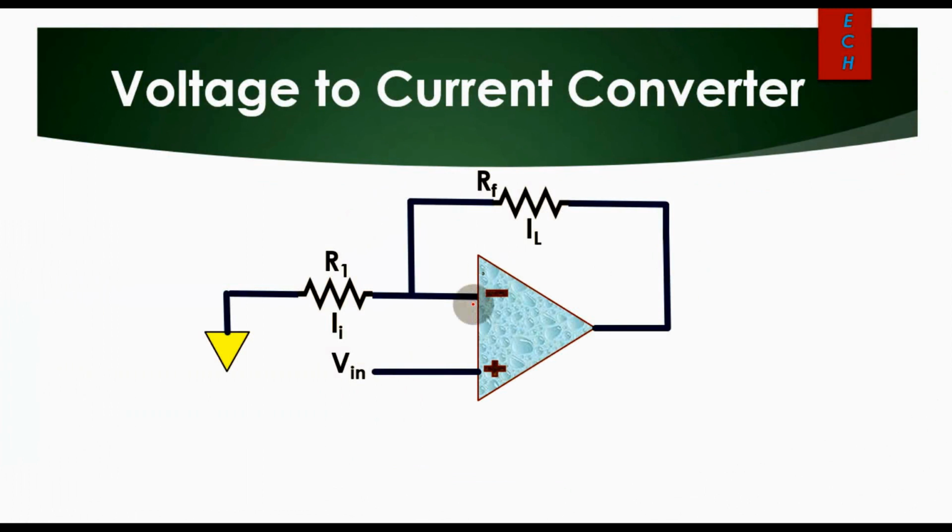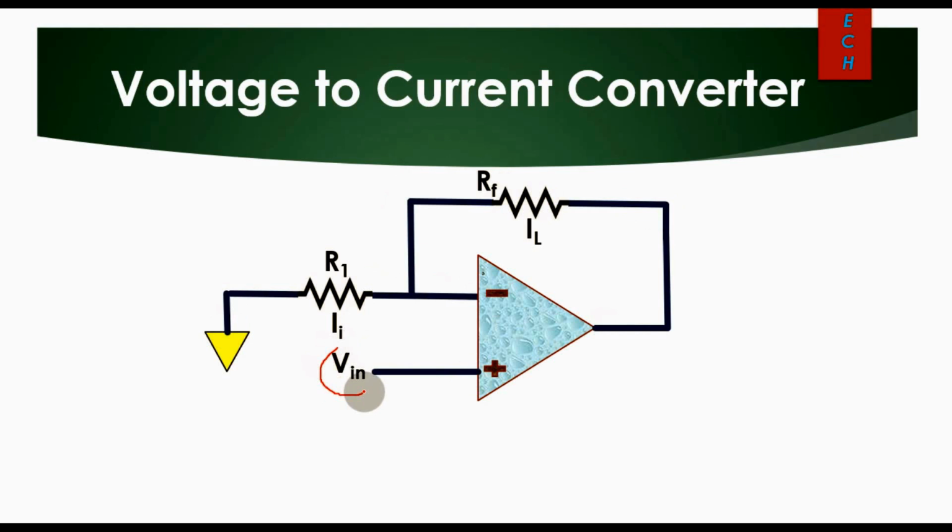So this is the operational amplifier, and the output of this operational amplifier is connected via the feedback resistance RF to the inverting terminal. And this is resistance R1, which is connected to the ground, and this is the non-inverting terminal, which has some input voltage, V in.